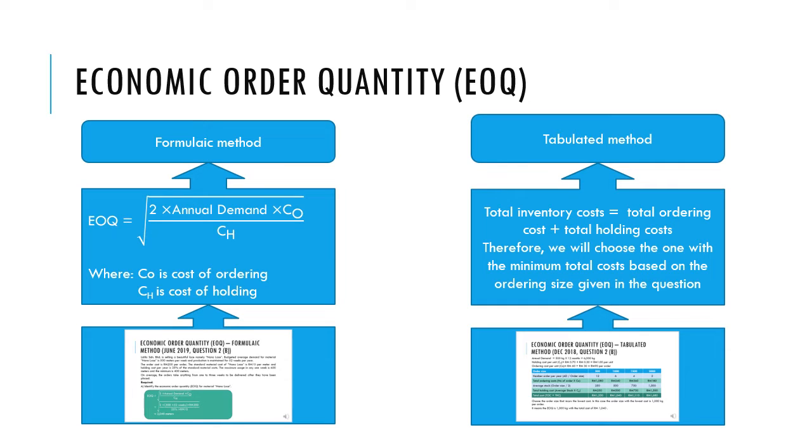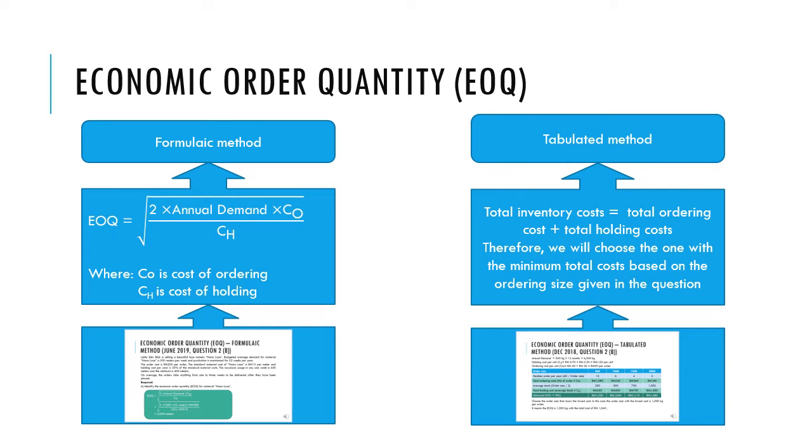Then we go to the economic order quantity. So economic order quantity, we have two methods of calculating the EOQ. So to recap, EOQ is the size of order per order, so your answer should be in units.